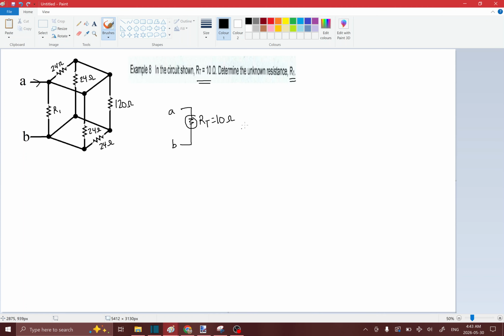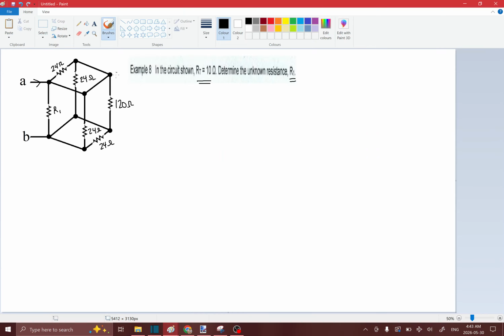But we know that the RT formula is equal to something like R1 plus R2 plus R3, or it might be something like RT is equal to R1 parallel with R2. We're going to figure out which formula we're going to use in a second, but it's a pretty straightforward question.